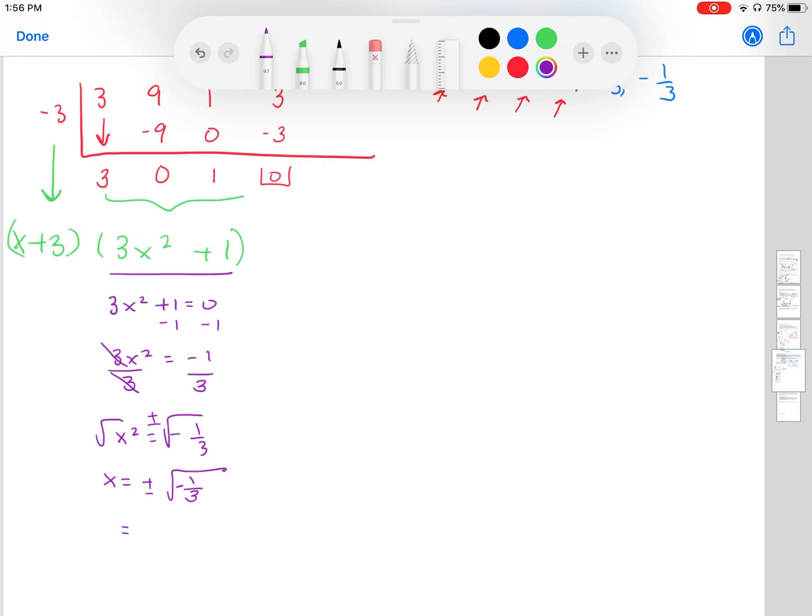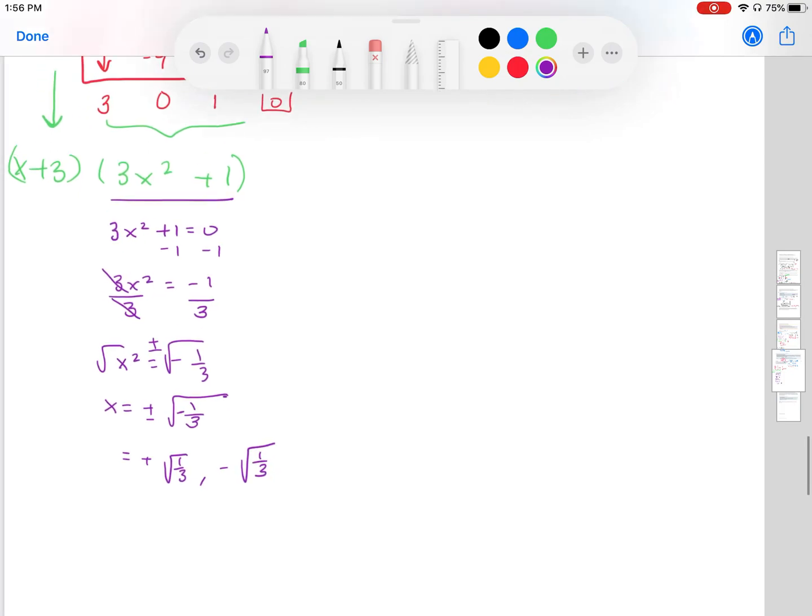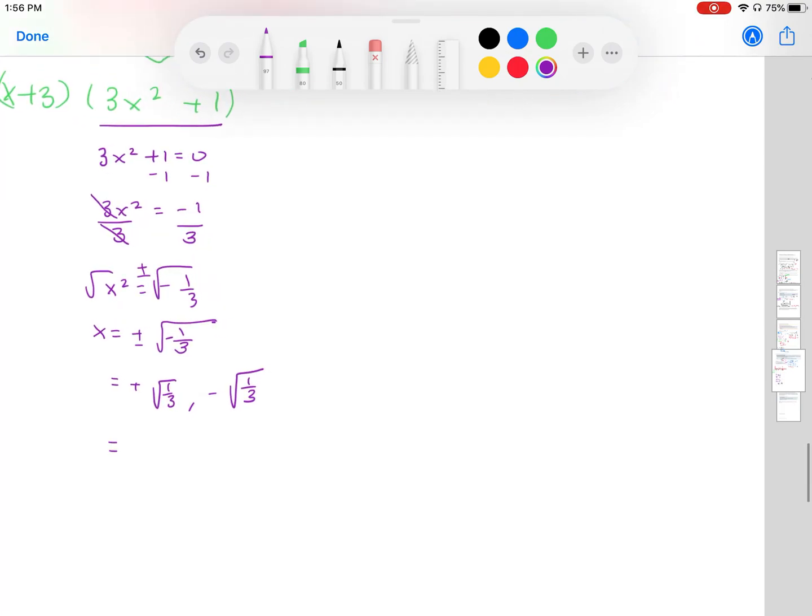So this gives us plus the square root of 1/3 and the negative square root of 1/3. All right, always rationalize. So the square root applies to the top and the bottom.